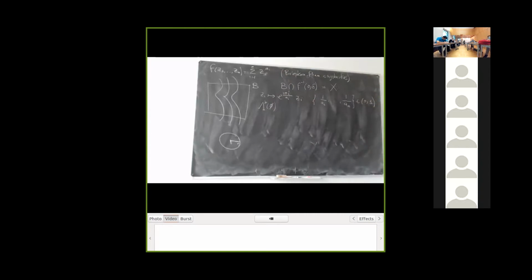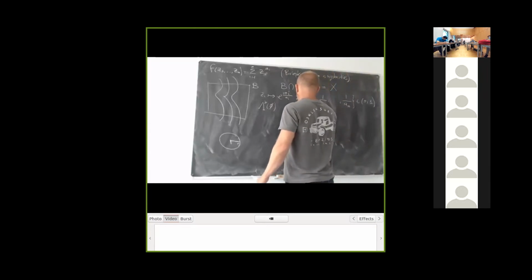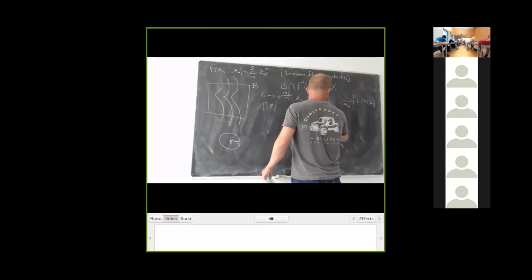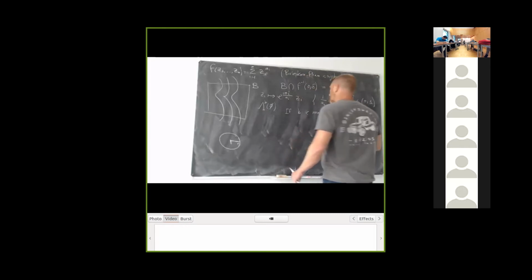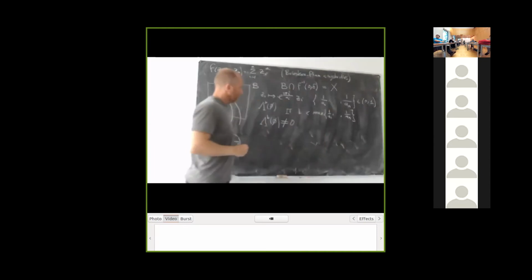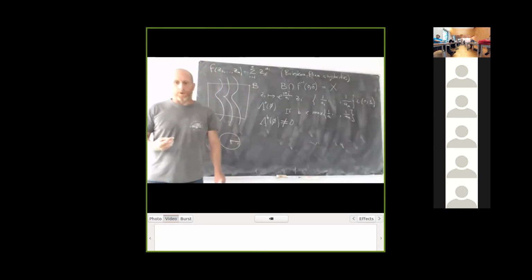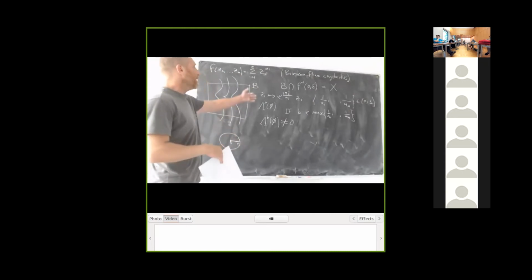And if B is smaller than the maximum, then the Lefschetz number is different from 0, and you have approximate fixed points. So in this case, you will have many fixed points.